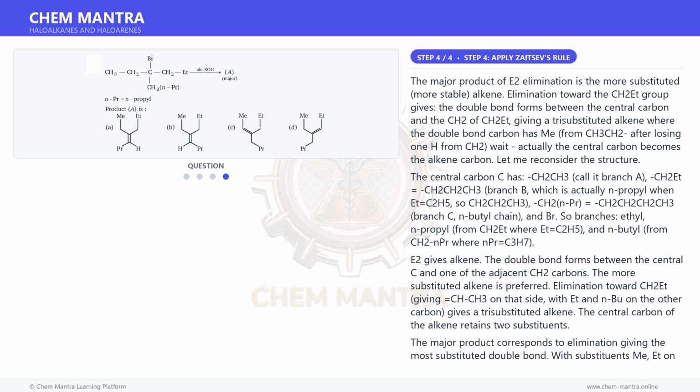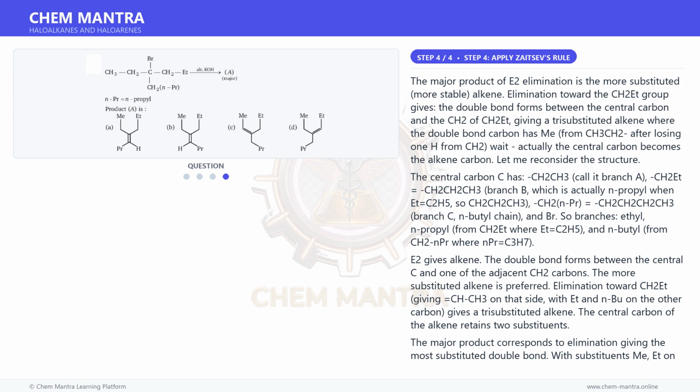Option C shows the double bond with Me and Et both on one carbon, C(Me)(Et)=, and CHPr on the other carbon, representing elimination of H from the CH2 of the ethyl group, giving a more substituted alkene with the double bond carbon bearing two alkyl groups, Me and the remaining part. This corresponds to the Zaitsev product.